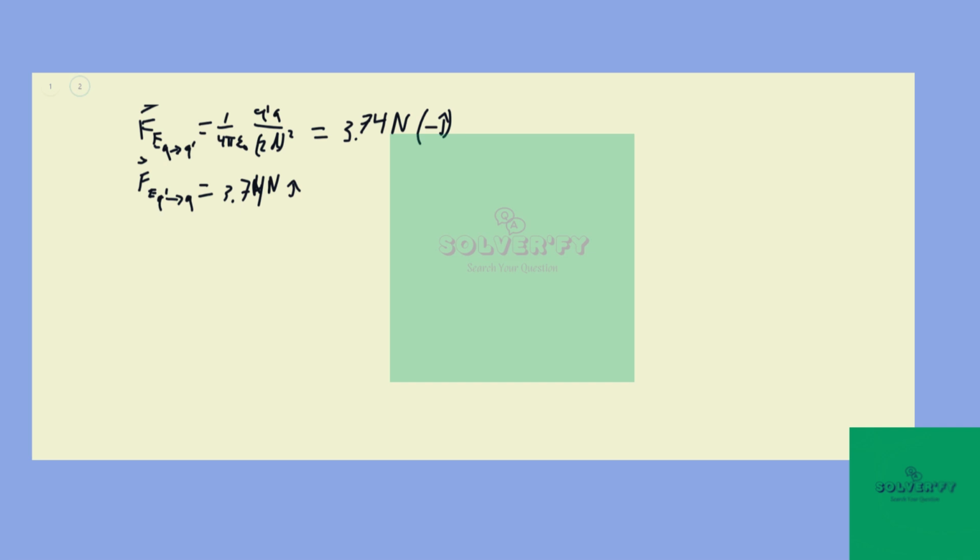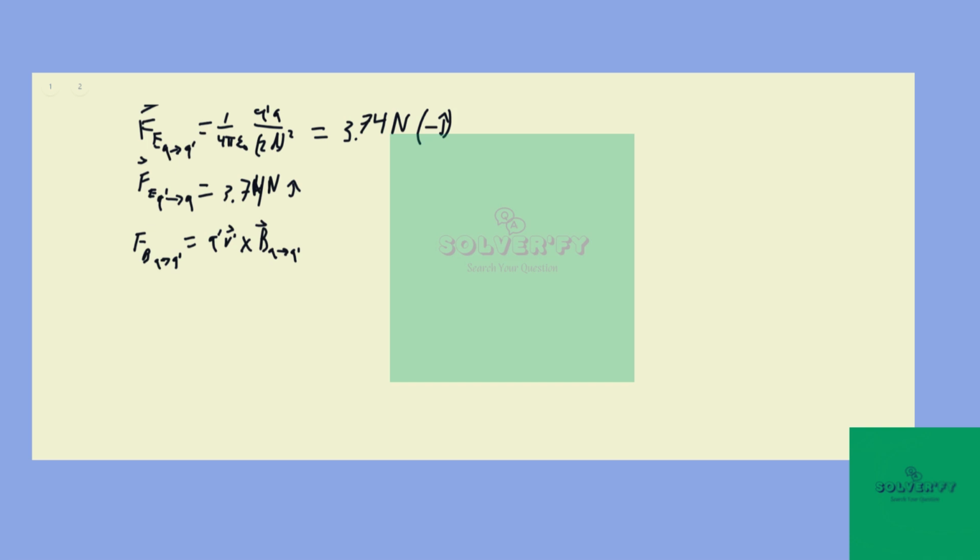Okay, so how about the next one? The force due to the B field of Q acting on Q prime. This is going to be the Lorentz force law. So we have a moving point charge Q prime with velocity V prime crossed with the B field of Q acting on Q prime.